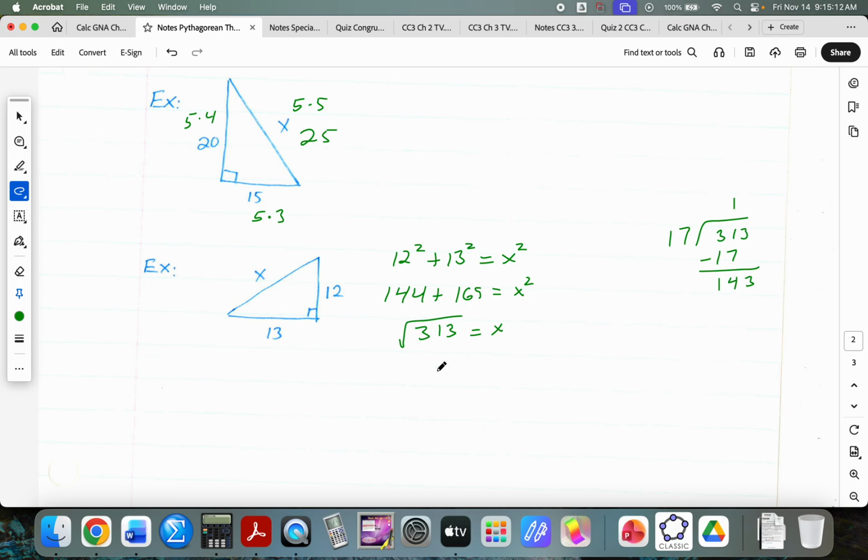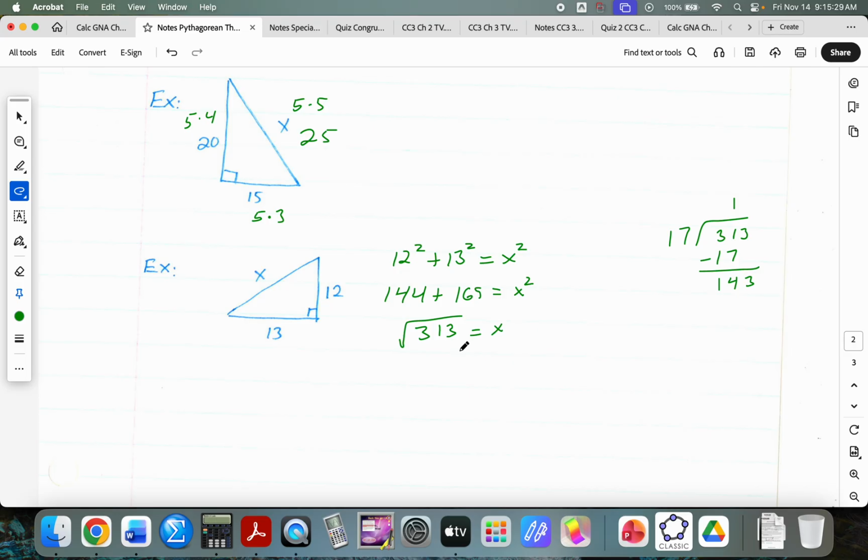Again, how many numbers should you check until you get the square root of 313? None. I know it. Pardon? All of them up to 15? What would be something that would be close? It's less than 20, because 20 squared is 400.